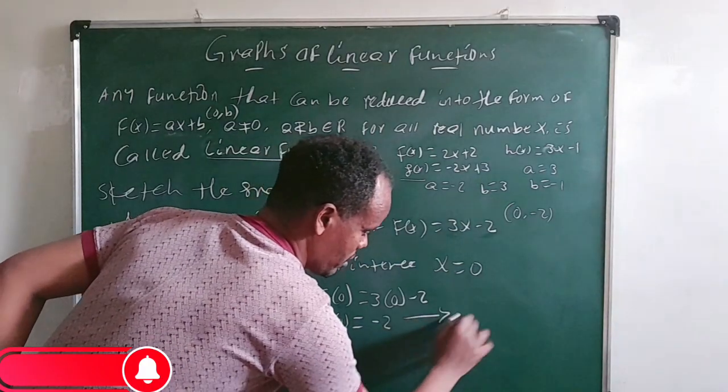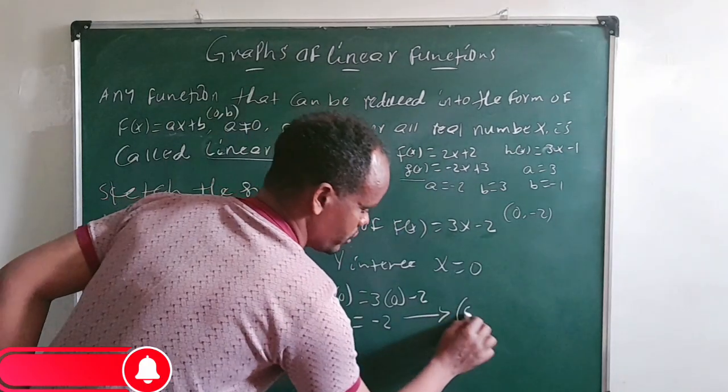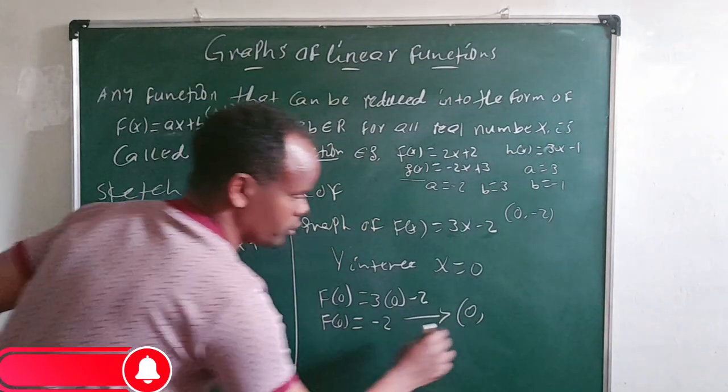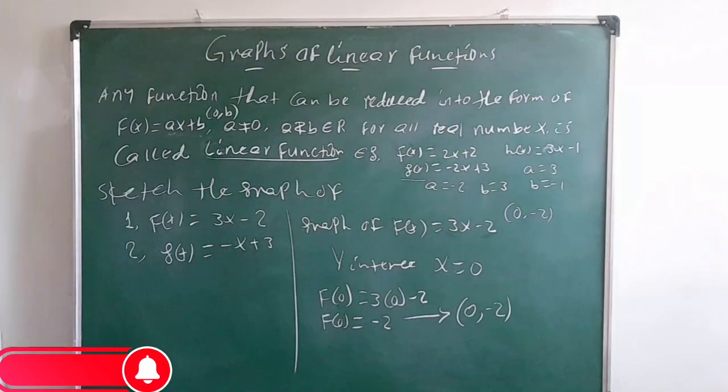This is an ordered pair: the first component is the value of x, which is 0, and the second component is the value of y, which is -2. This is the y-intercept.